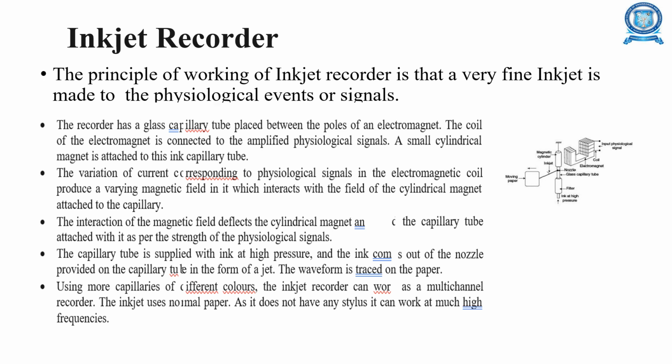The variation of current corresponding to the physiological signals in the electromagnetic coil produces a varying magnetic field which interacts with the field of the cylindrical magnet attached to the capillary. The capillary tube is supplied with ink at high pressure, and the ink comes out of the nozzle provided on the capillary tube in the form of a jet. As it does not have any stylus, it can work at much higher frequencies. Thank you.